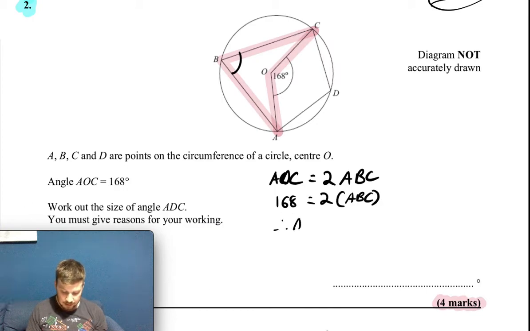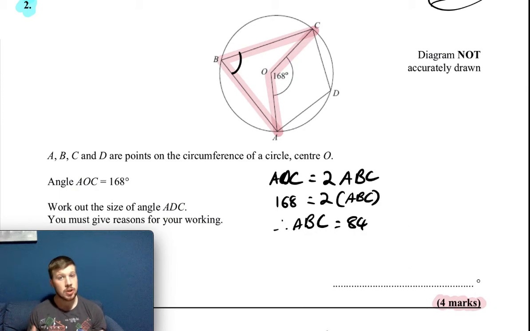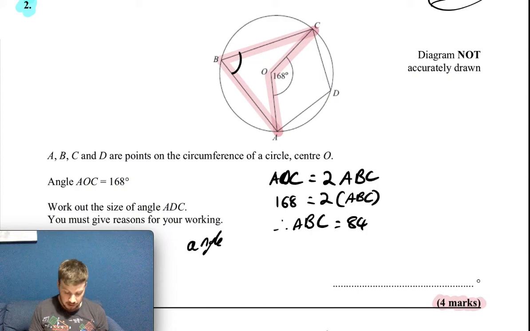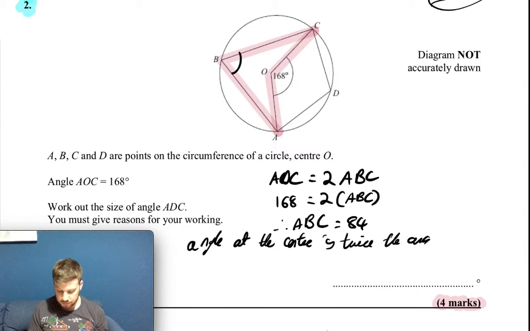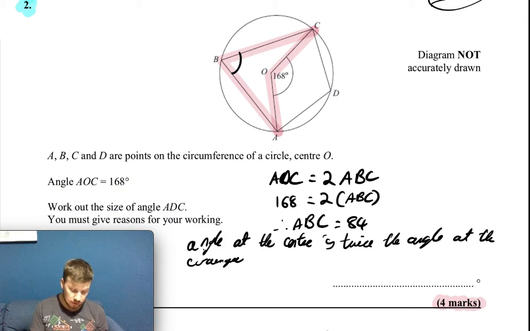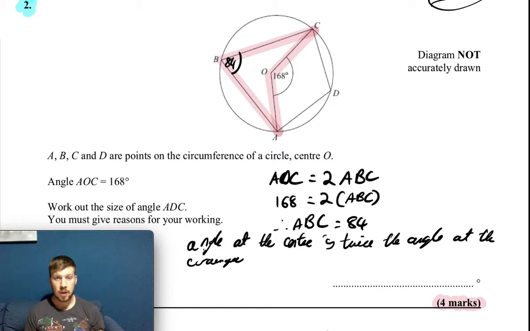So therefore ABC is going to be equal to 84. Now that's not sufficient because I've not written down the reason why. So I'm just going to finish that with angle at the centre is twice the angle at the circumference. And once I've done that, I'm going to just annotate on that this is now 84, apologies, 84.